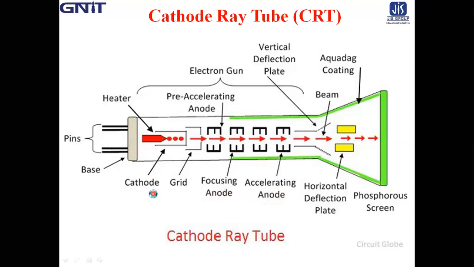The control grid is at a negative potential with respect to the cathode, and the two anodes are maintained at high positive potential with respect to the cathode. These two anodes actually perform the function of an electrostatic lens to converge the electron beam at a point on the skin.